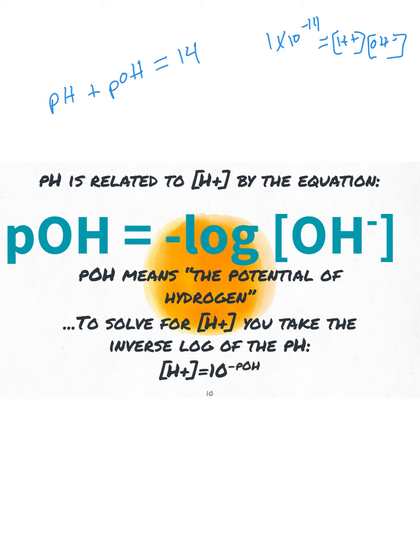Okay, so we have a couple equations here. We've got the logarithmic relationship between H plus and OH minus. From that, we have a relationship between pH and pOH, which is equal to 14. And we also saw that pH and pOH are measured in a logarithmic scale, and therefore we can solve for the pOH and the pH as long as we know the H plus or the OH minus concentration.